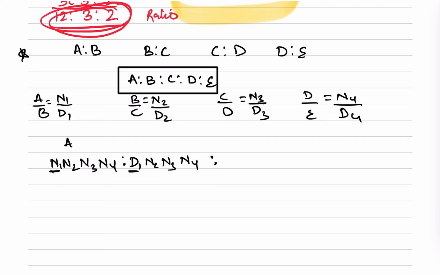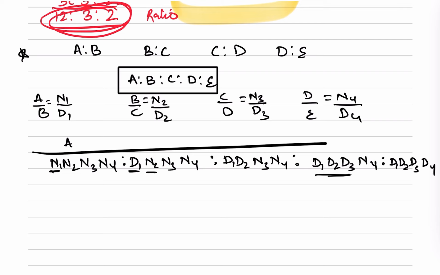Then again you will take two denominator values, that is d1 into d2 into n3 into n4. Then the third one will be d1, d2, d3, n4. Then the last one you will have d1, d2, d3, d4.